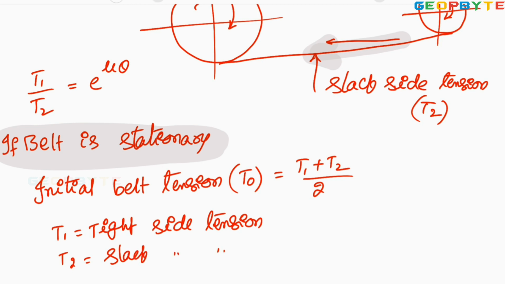Anyhow, the initial belt tension means the net tension in the belt when the belt system is not running, which is the average tension between the tight side and slack side.